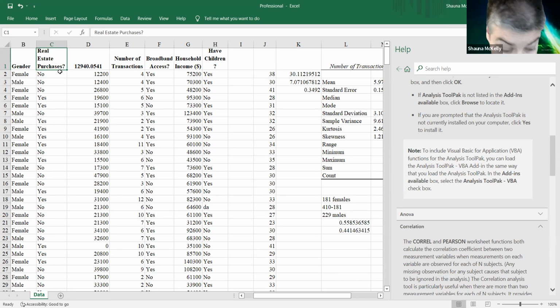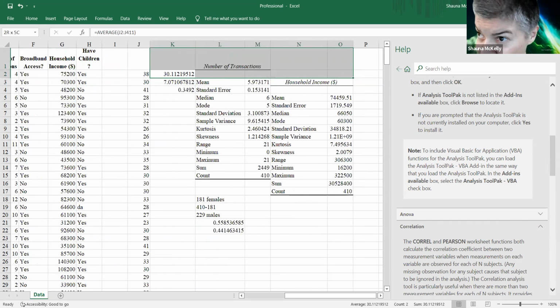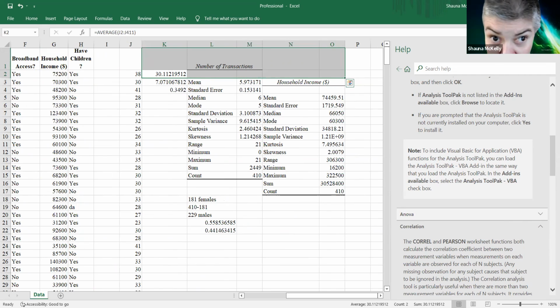So I would do, and here you have to be a little bit careful because you don't want them to count these yeses over here. So I think we have to use, give me a second. Count the number of cells in a range with a given input. Let's see.